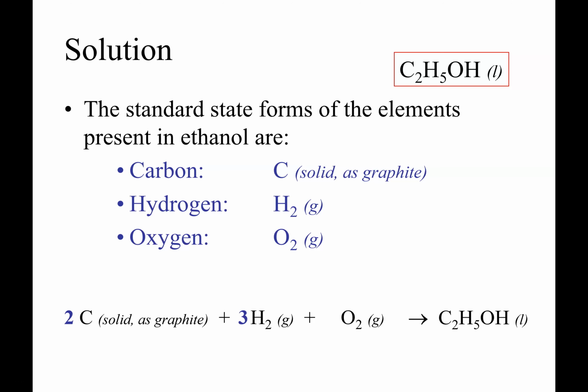Very good. So what will go in front of O2? 1/2. Yep. So we have just created an equation representing the standard molar enthalpy of formation of C2H5OH. Yay for us.